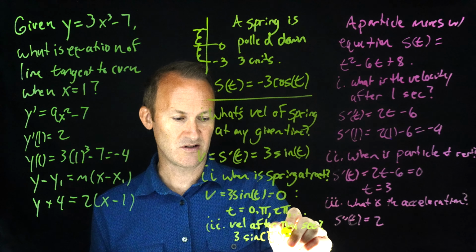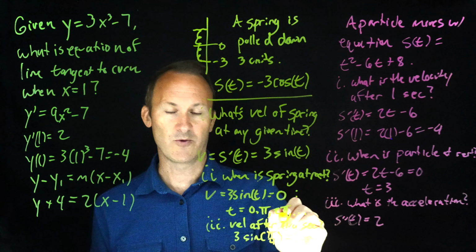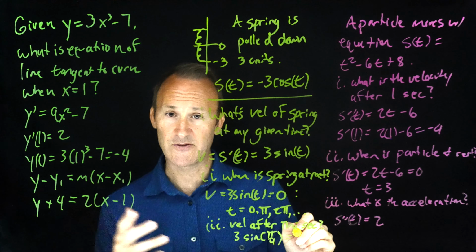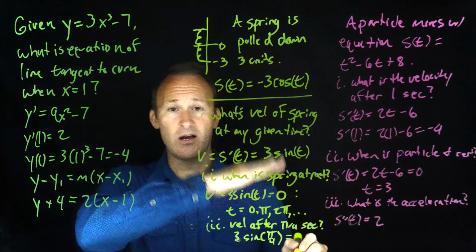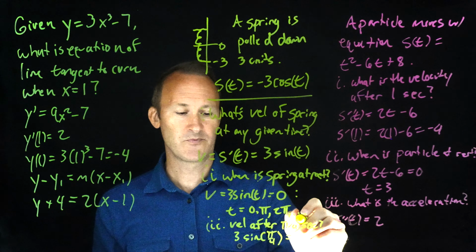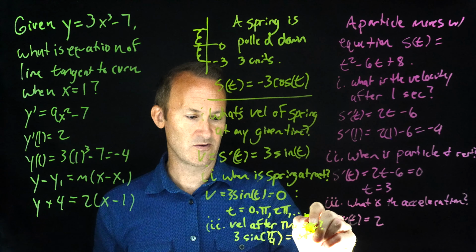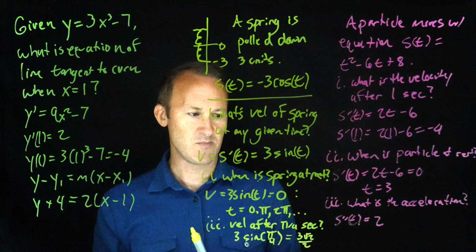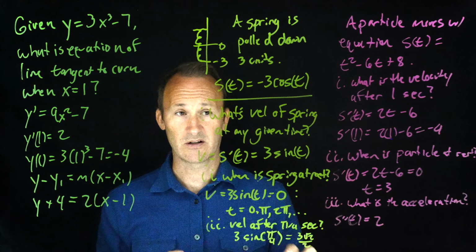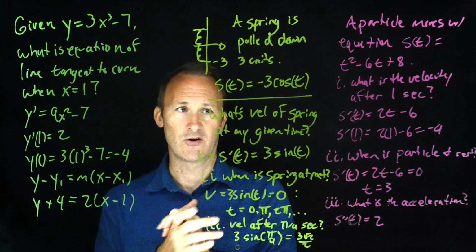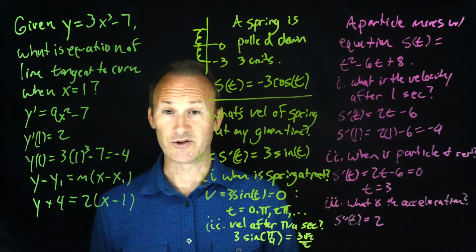You definitely need to know your trig pretty well to do calculus. If you do enough math, you just have these things memorized. It is quarter of the way up the unit circle. That is root 2 over 2, so it's 3 root 2 over 2. And I did not put units in these problems, but we can just assume meters per second for everything. So here are some basic physics and straight line applications that hopefully will be useful to you going forward.